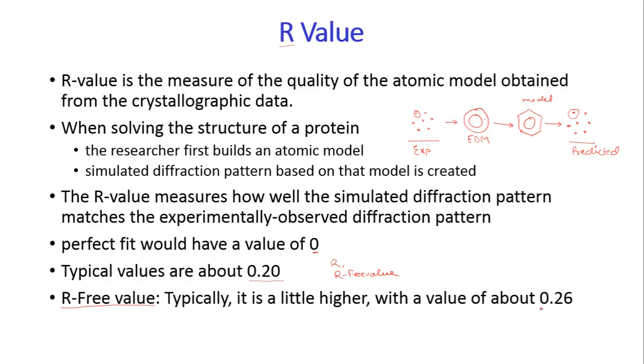If you find for a given model that the R free value is around 0.26, then the quality of that model is good, because that is in an accepted range. If the R value is around 0.20, then the simulated diffraction pattern matches very well with the experimental diffraction pattern.